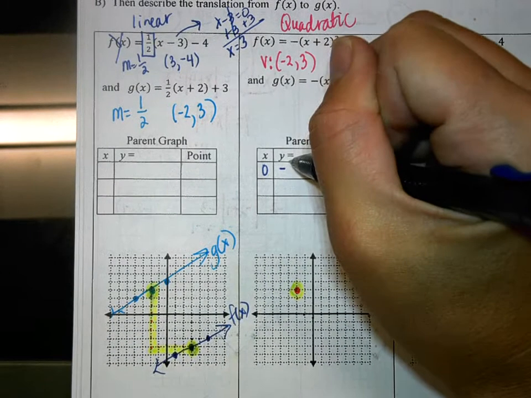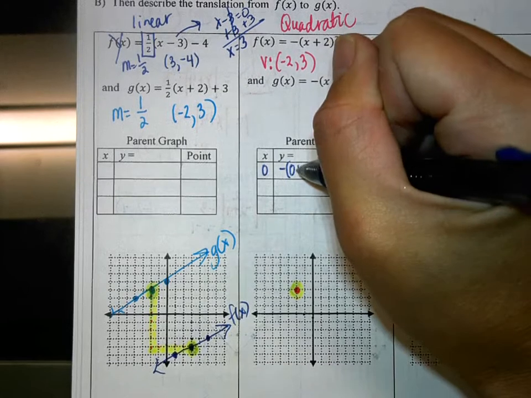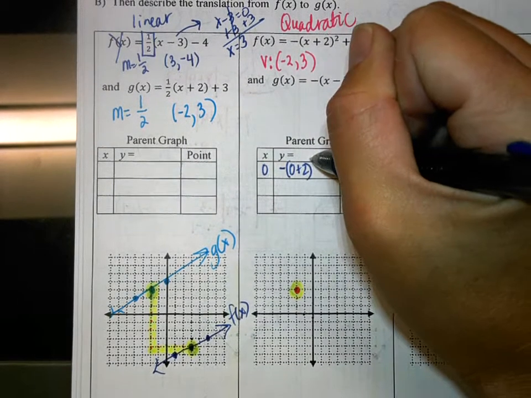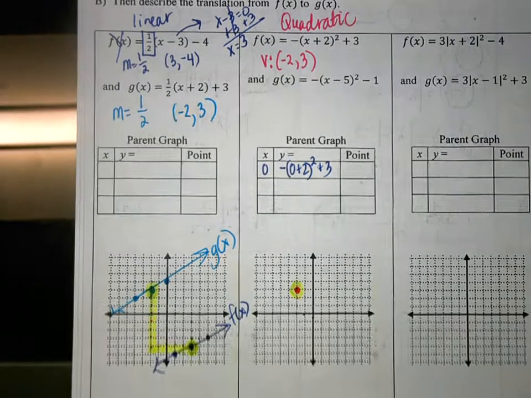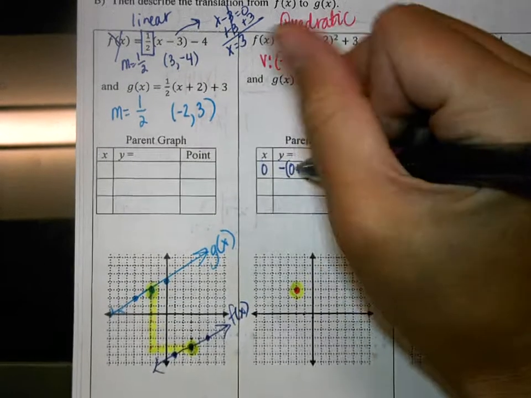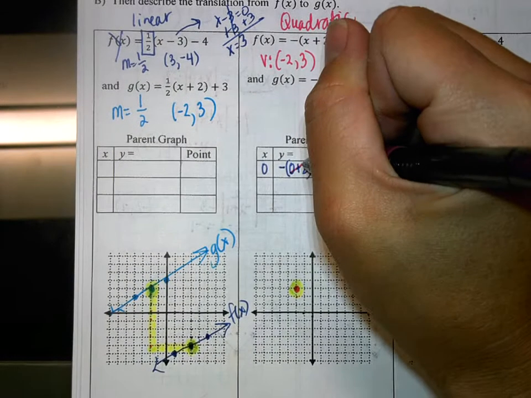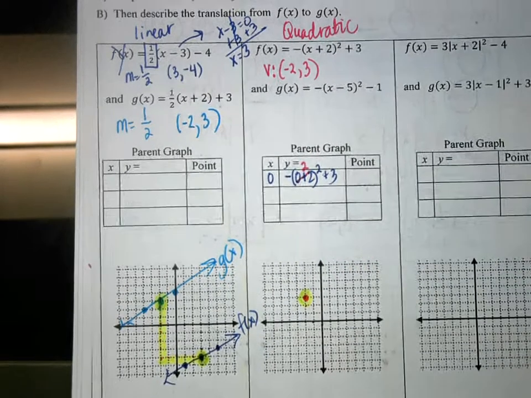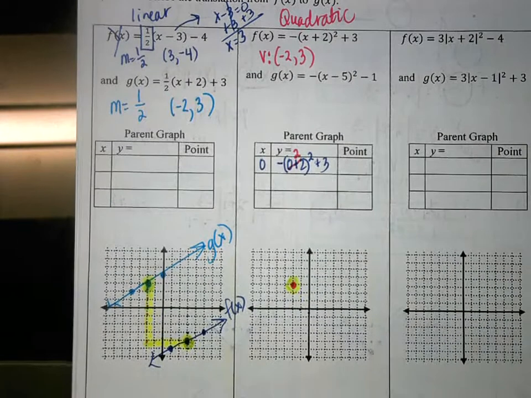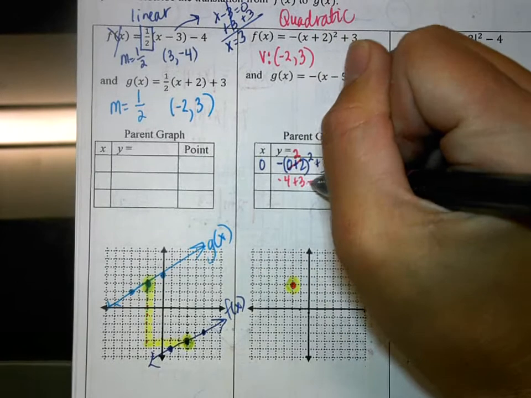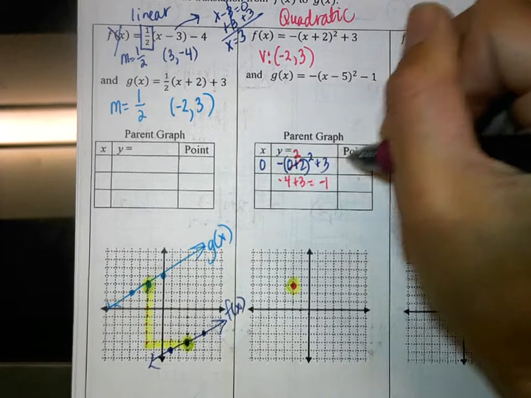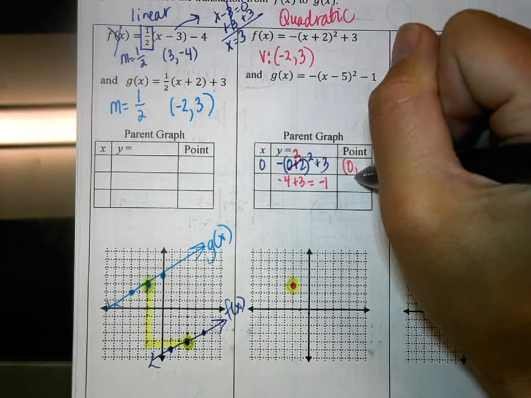We have negative parenthesis 0 plus 2 to the second power plus 3. 0 plus 2 is 2. What's 2 to the second power? 4. So we have -4 plus 3, which makes -1. So this point is 0, -1.